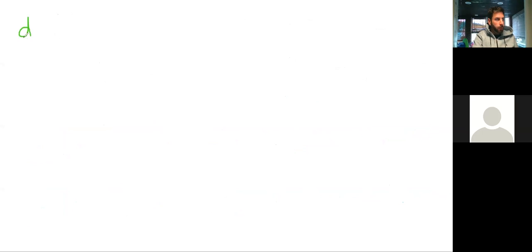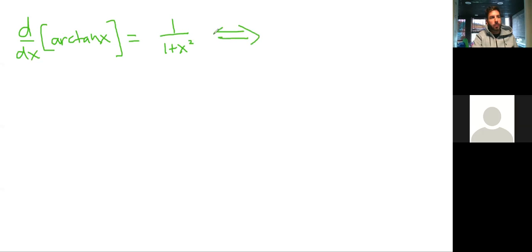So we know, for example, that the derivative of the inverse tangent is 1 over 1 plus x squared. And so we can write that in terms of integrals, and we just reverse it.